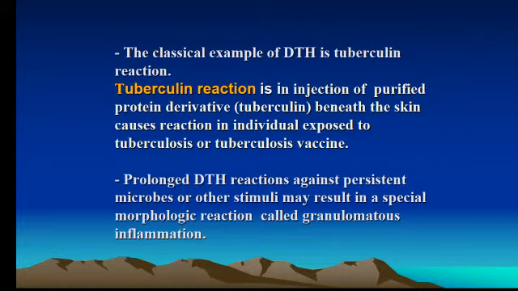Tuberculin reaction is an injection of purified protein derivative tuberculin beneath the skin that causes a reaction in individuals exposed to tuberculosis or tuberculosis vaccine. Prolonged DTH reaction against persistent microbes.